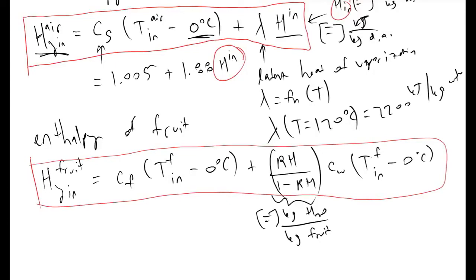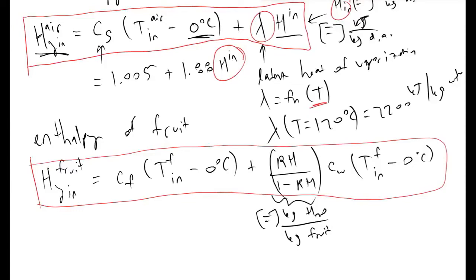And with these terms, the enthalpy of our fruit and of our air, we can do the same for our outlet terms. The other thing to note here is that this value of lambda may take on a different value, because if our air exiting our dryer is at a different temperature, we will need to evaluate a new latent heat of vaporization term and look that tabulated value up.